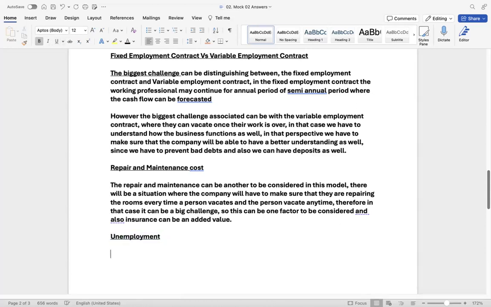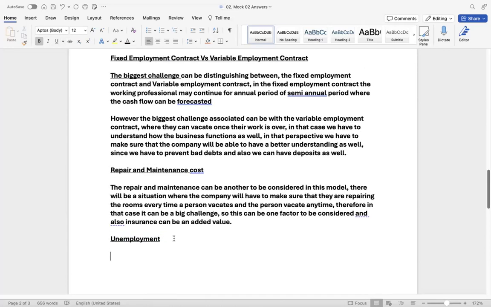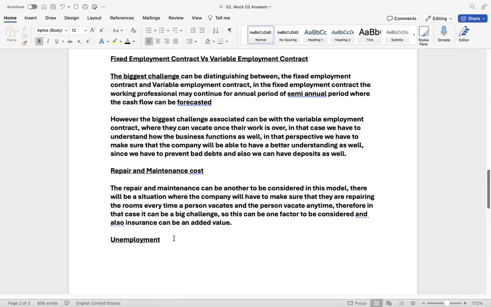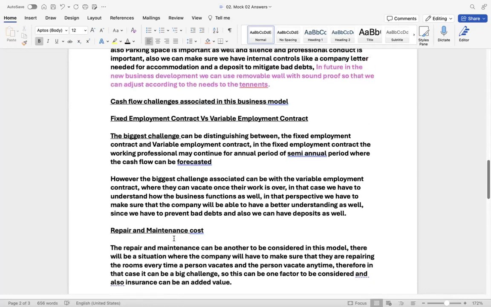The reason is, now you observe America: Twitter fired many people overnight, correct? And when people lose a job immediately, the biggest cost for an individual is rent. Then comes the food, then comes the transport. Correct, students? So when unemployment takes place in an industry, there will be a huge effect on our business also.